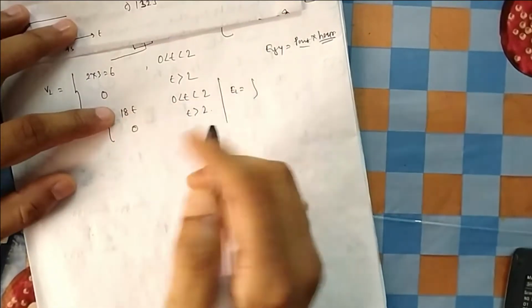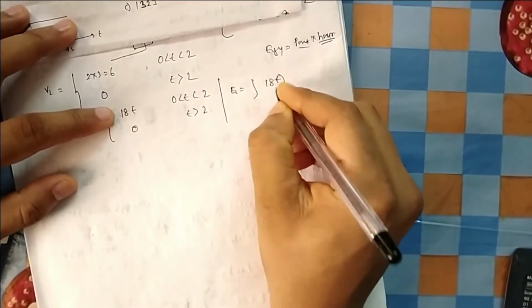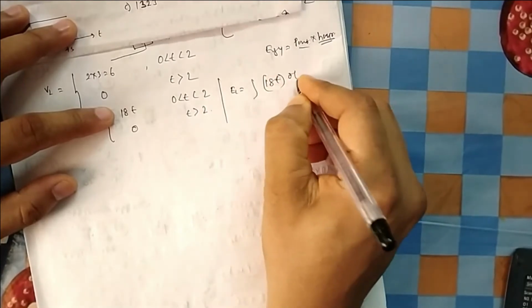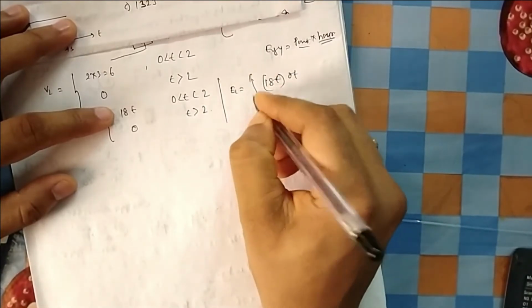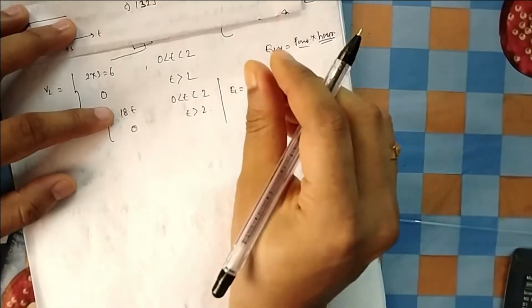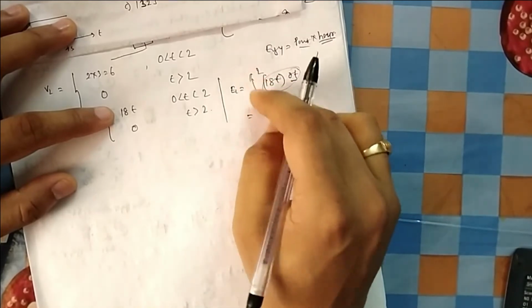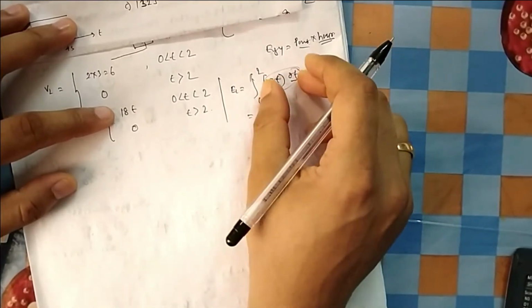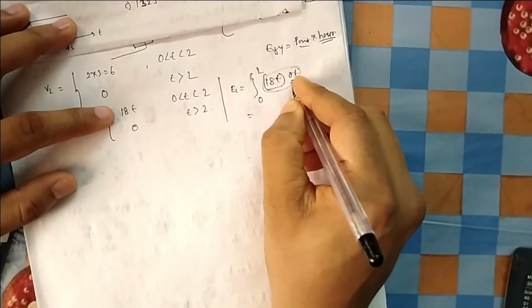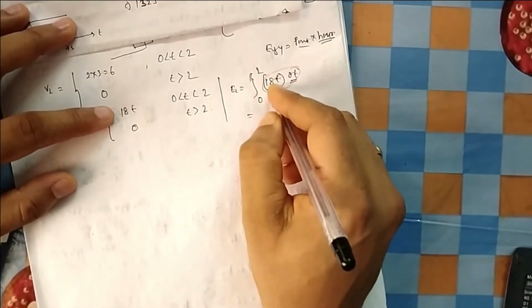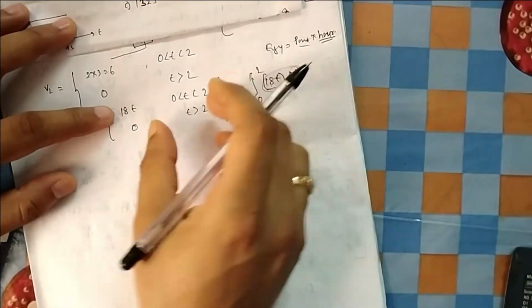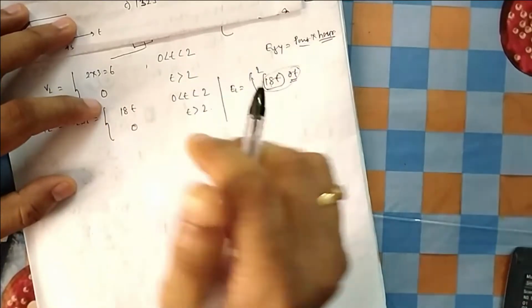So you multiply 18t with dt and take it from 0 to 2, the summation of all the energy stored. dt is a very small interval. For a very small interval, what is the energy stored? For the entire interval, what is the energy stored? The sum of all energy stored. This is power into hour, where hour is here dt, for the small interval I have considered. Then I am summing up to get all the energy stored for 0 to 2.